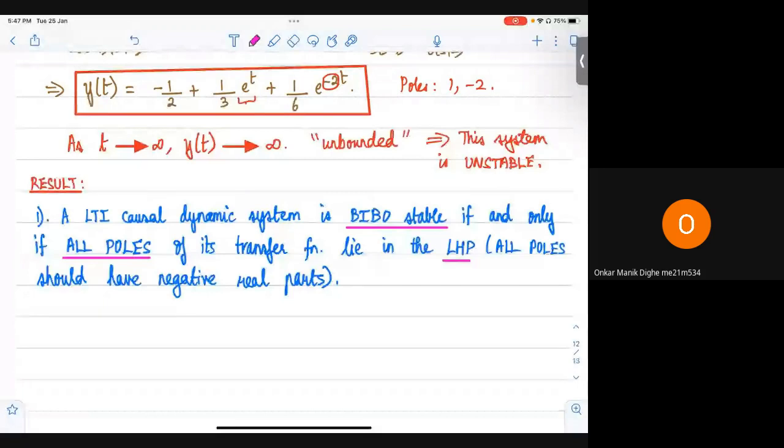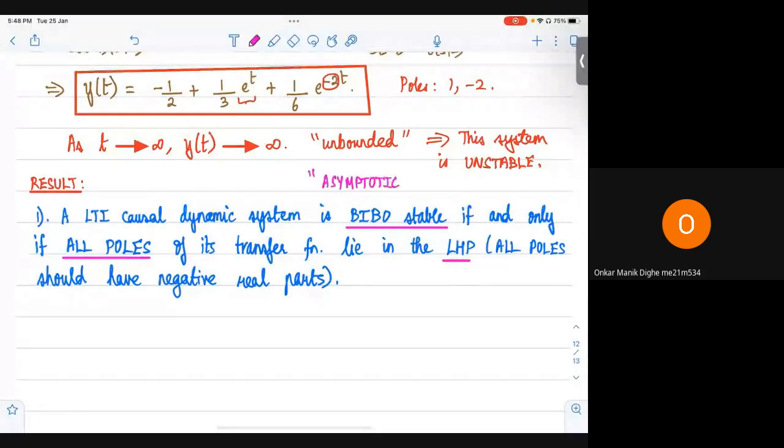So for system one, we could see that both its poles, -1 and -2, were in the left half of the complex plane, so it is BIBO stable. But on the other hand, for system two, one pole lay in the right half of the complex plane, so it is unstable. For reasons that we will see later, some people will say that the system is asymptotically stable.